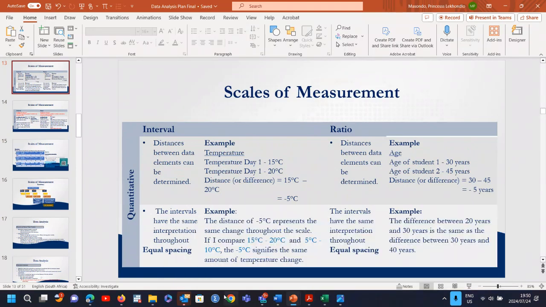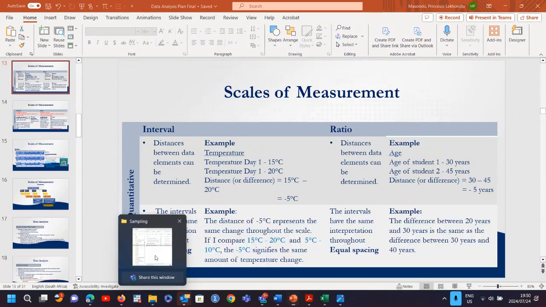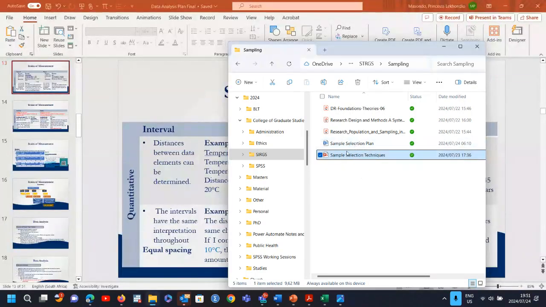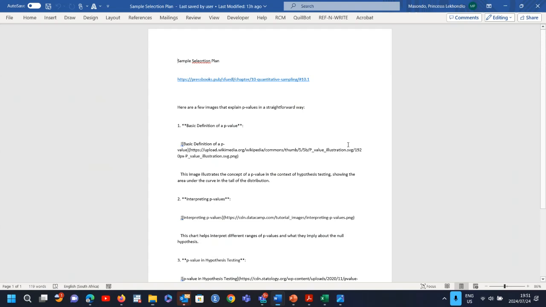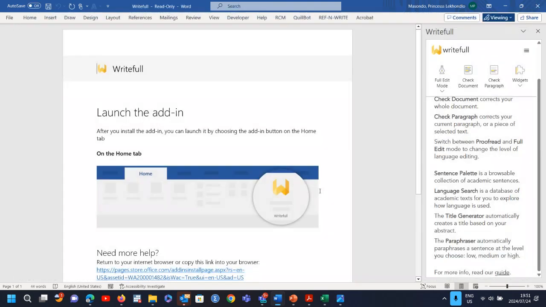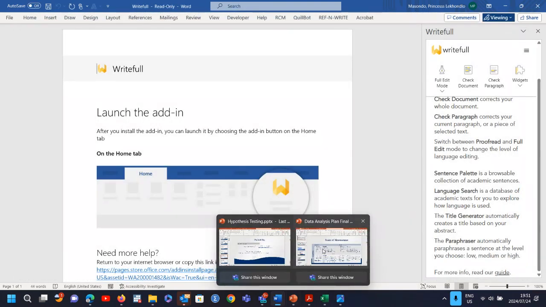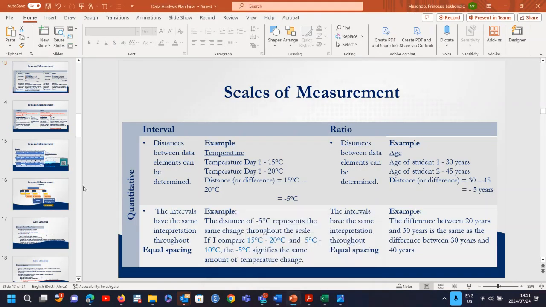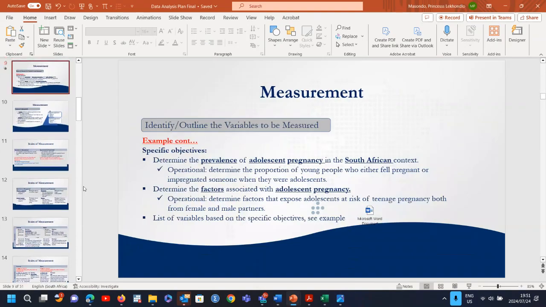Actually, maybe I must just open it from here. Oh, am I opening the wrong one? Maybe I must access it the way I was accessing it. Okay.